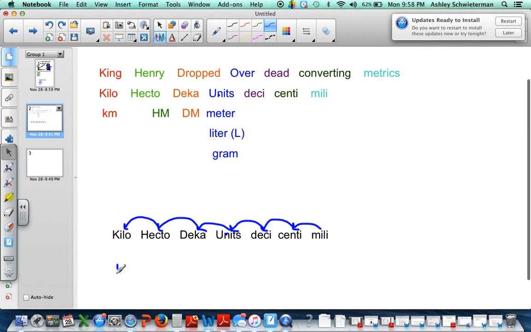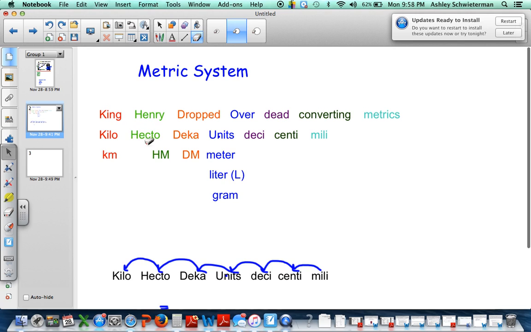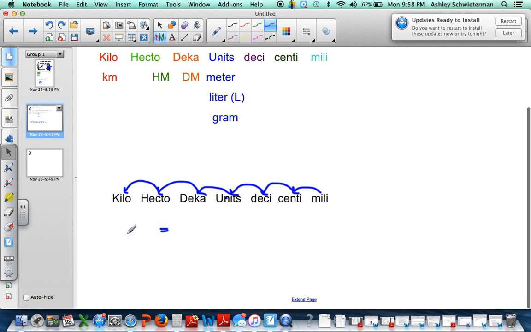So if I'm looking at millimeters, and I have a certain number of millimeters, that's what I'm finding out.